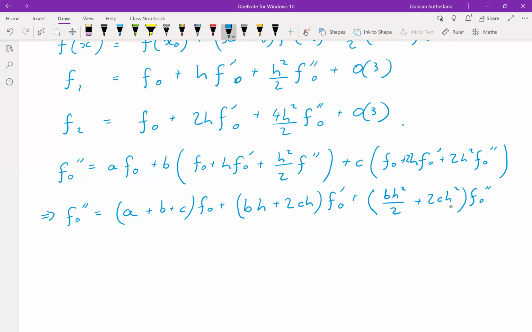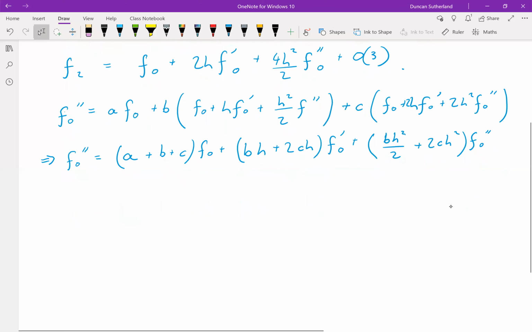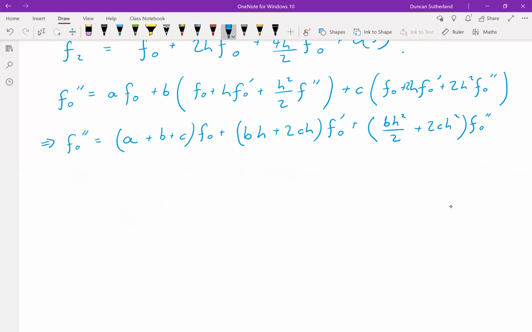So on the left-hand side of the equation, we have no f naught term. So the only way that this equation can be true is if a plus b plus c equals 0. That gets rid of the f naught term on the right-hand side. Now, we've got to get rid of this f prime term as well.